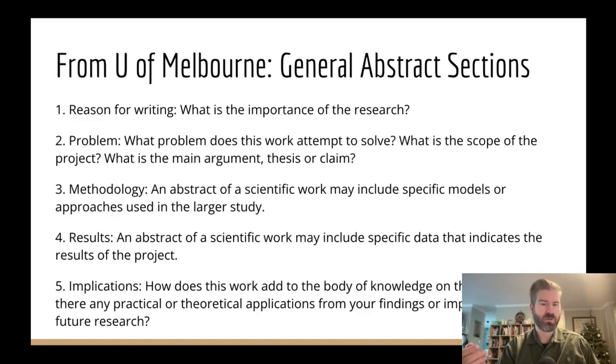That's going to be a literature review for our purposes. The results. So an abstract of a scientific work may include specific data that indicates the results of a project. Again, we're going to be focusing on the literature review. The literature points to X, Y, or Z. And then the implications. How does this work add to the body of knowledge on the topic? Are there any theoretical applications from your findings or things like that?